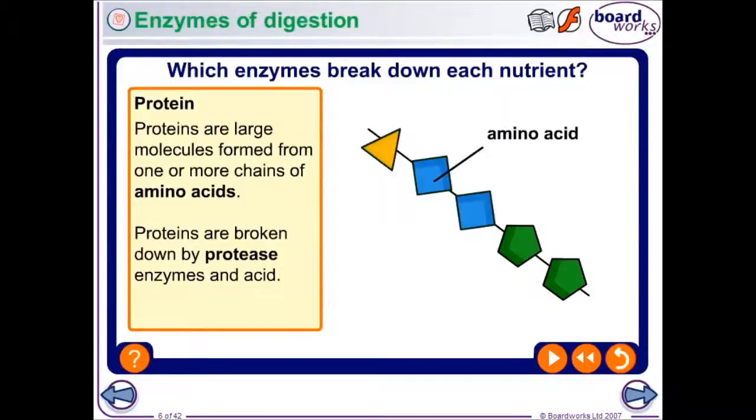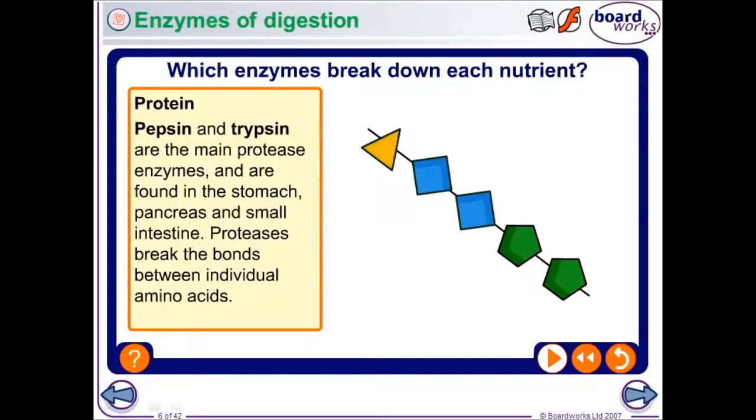This family of enzymes are called proteases. Two specific members of the protease family are called pepsin and trypsin, and you may well come across these two enzymes in your studies.